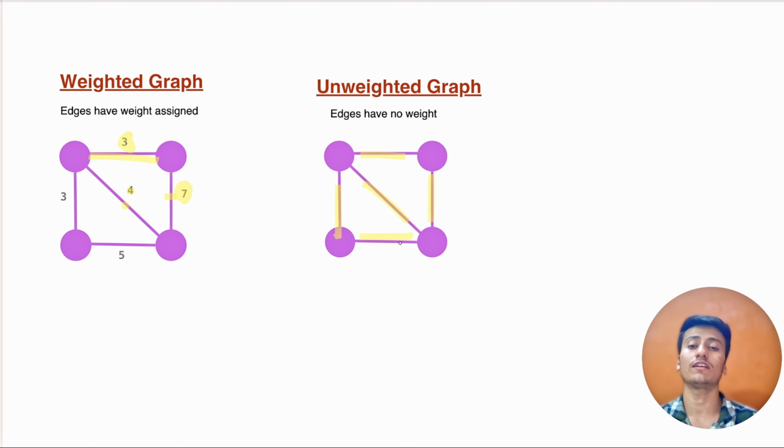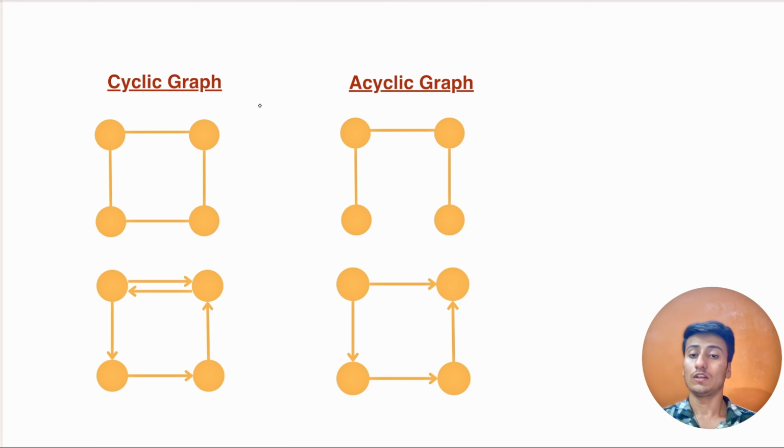Let's see the further classification of a graph. Now let's see what is a cyclic graph and an acyclic graph. If there is at least one graph cycle in a graph, it is referred to as a cyclic graph. Now let's see what is a graph cycle. If there is a valid path through which I am visiting at least one node again, then it is referred to as a graph cycle.